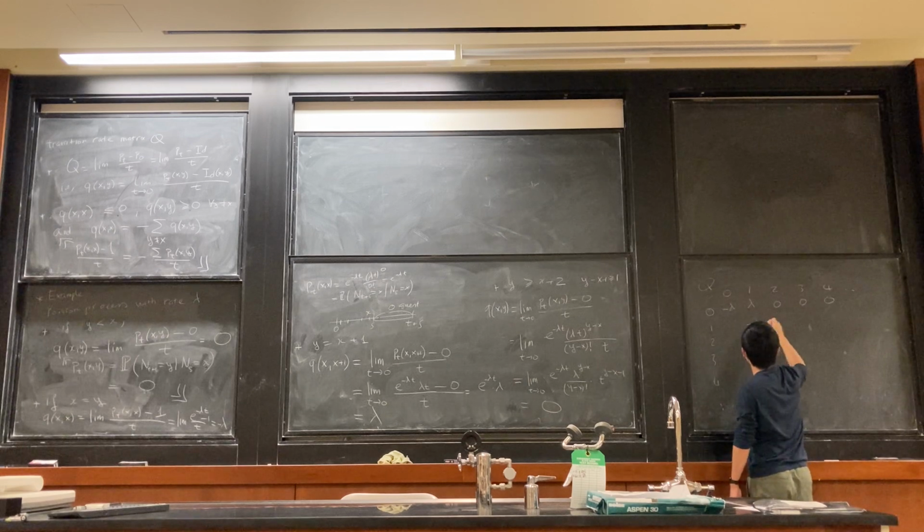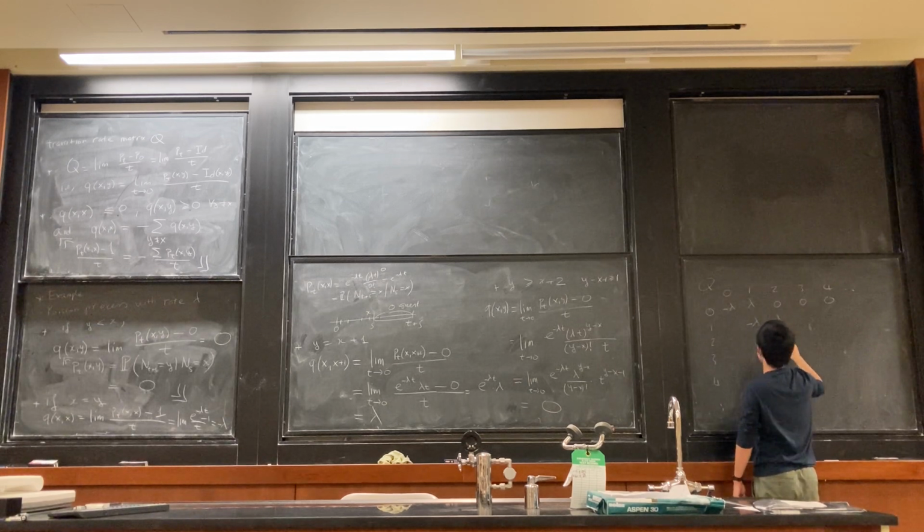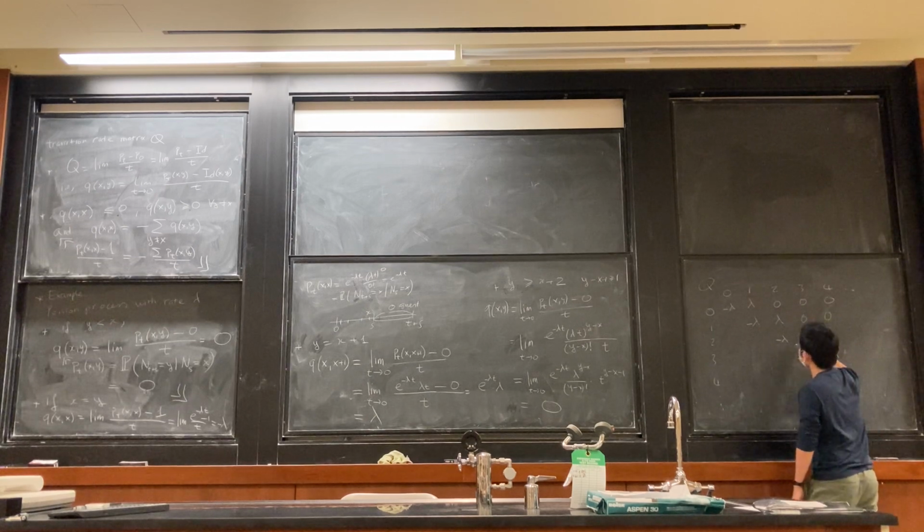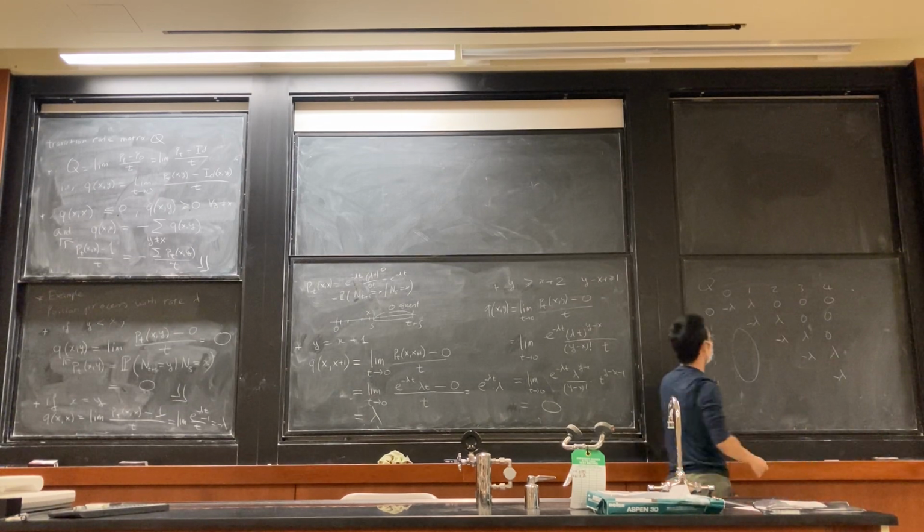So you have negative lambda, then lambda, negative lambda, then lambda, and so on. Basically, the rest is 0.